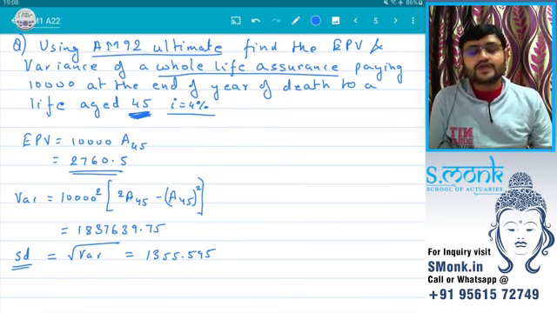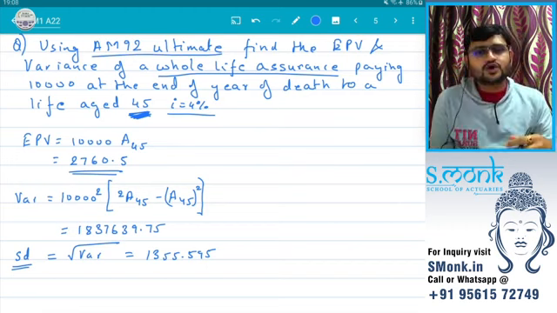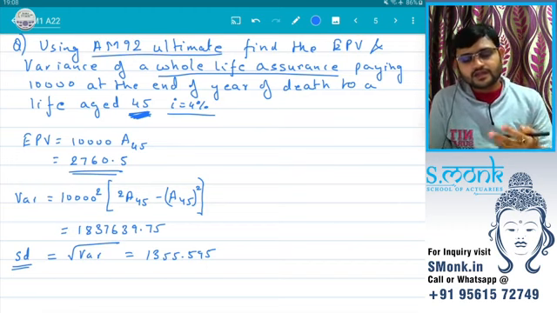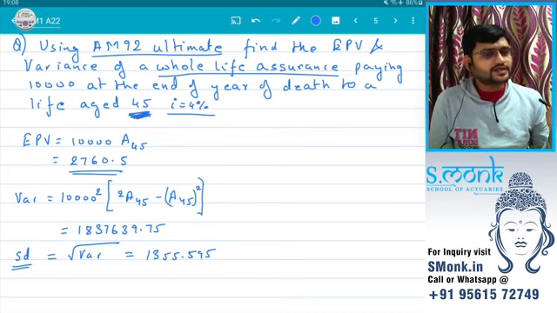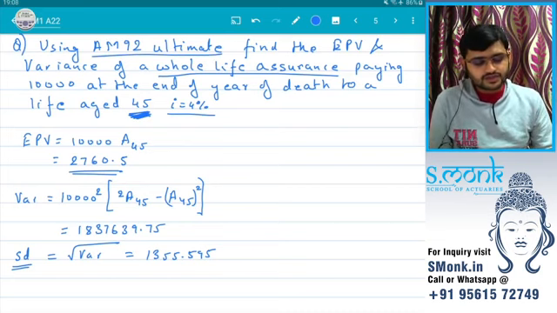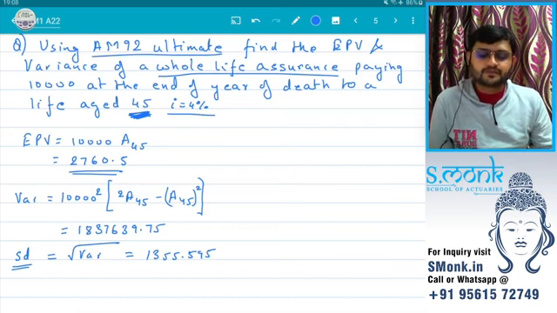We have calculated the probability of that happening, but that does not mean exactly that is what we will be seeing. Because in the past we saw that 2 people die at age 45 to 46, it does not mean exactly 2 people will die at that particular age. It might be 3, it might be 5, it might be 0, right? But we are saying on average this is how the probability goes.